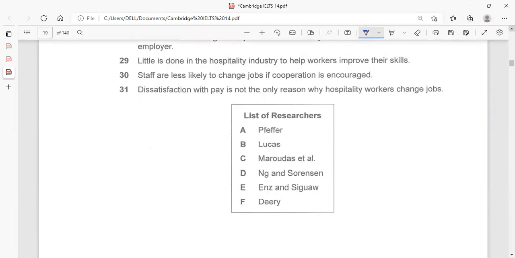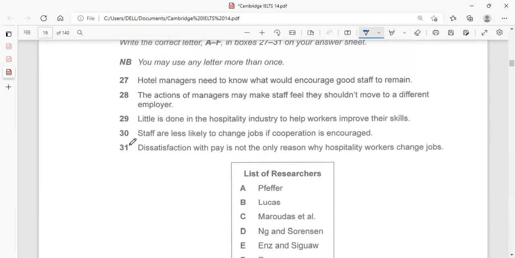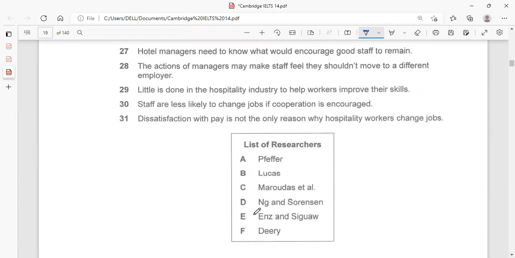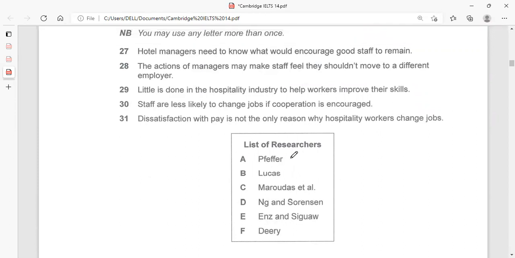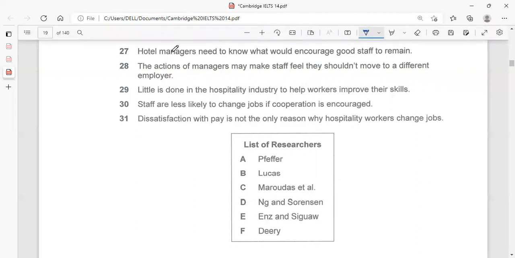See, here you have 5 statements, but here you have 6 names. So every researcher will not be used. If you are starting with the researcher, there are chances that you're wasting your time on one or two researchers who will not get used with a statement. So this is my advice: I have seen that it is easy to start with the statements.